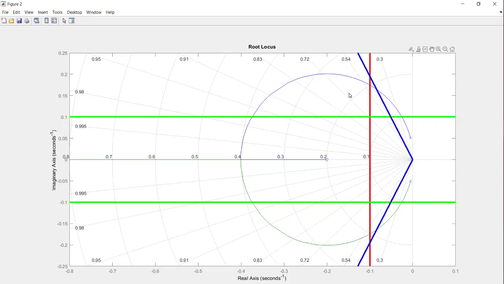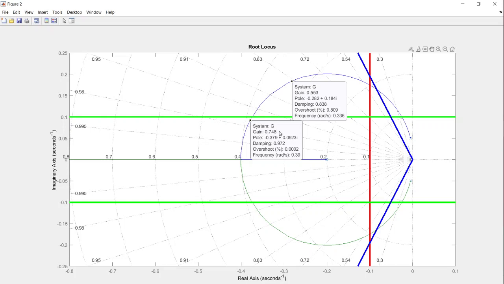So from here you can observe by varying the pole value, if you keep on changing it, you can see how the gain value is varying, and the pole location also you will get here. See, when I am entering that green line where all the design specifications are met, at that particular point you are getting the gain value as 0.748, and the respective pole is minus 3.74 plus 0.0923i.